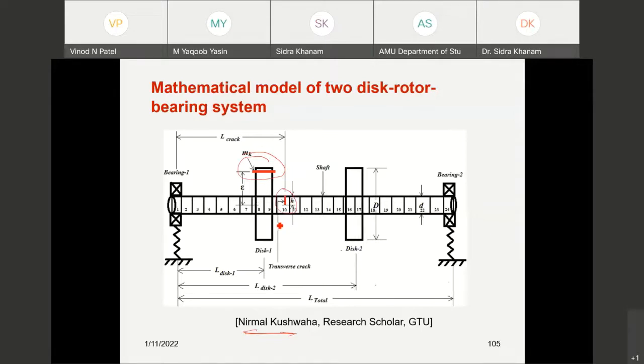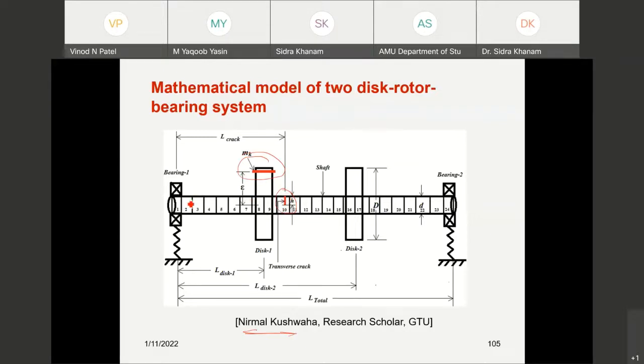So the same fundamentals can be implemented here, but in this particular case of the shaft system, the modeling we have done is by using an FEA model, because we consider the change in the unbalance and the change in the position of the crack.